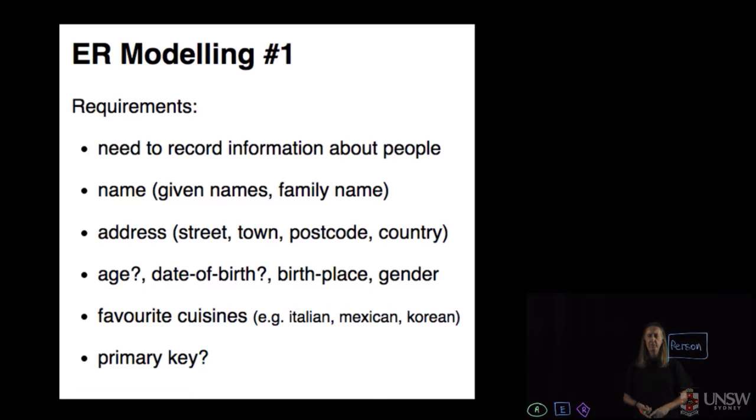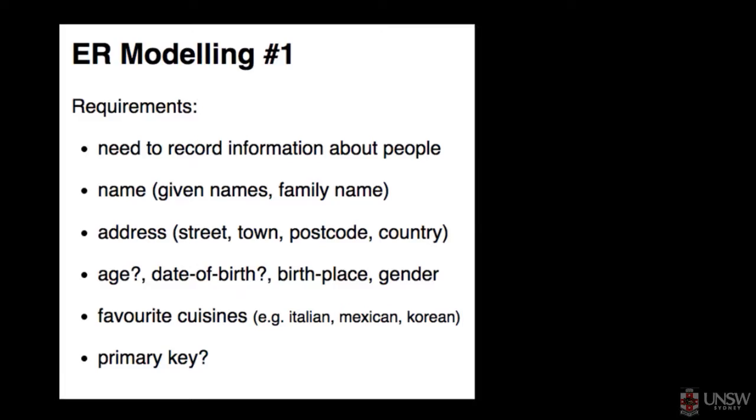We want to know their names, where they live, potentially when they were born or how old they are, what gender they are perhaps. And for this scenario, we're going to throw in the fact that they might be interested in various kinds of foods as well. So their favourite cuisines. So we've got person as an entity.